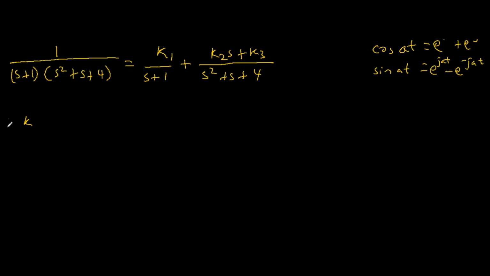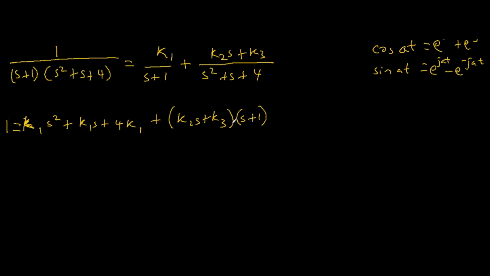I hope combining these two steps into one doesn't come out confusing to you. So I have k1 multiplied by s squared plus k1s plus 4k1 plus k2s plus k3 into s plus 1. Okay, so 1 is equal to all of this.